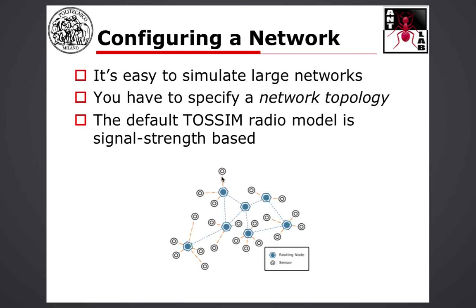If you have a good link, all the packets sent from the transmitter will be received by the receiver. If you have a bad link, you have what is called a packet loss probability, meaning that a certain amount of packets will be lost during transmission, and you can control this value. So setting up a topology in TOSSIM basically boils down to deciding what the links between nodes are and how good they are. That's it.